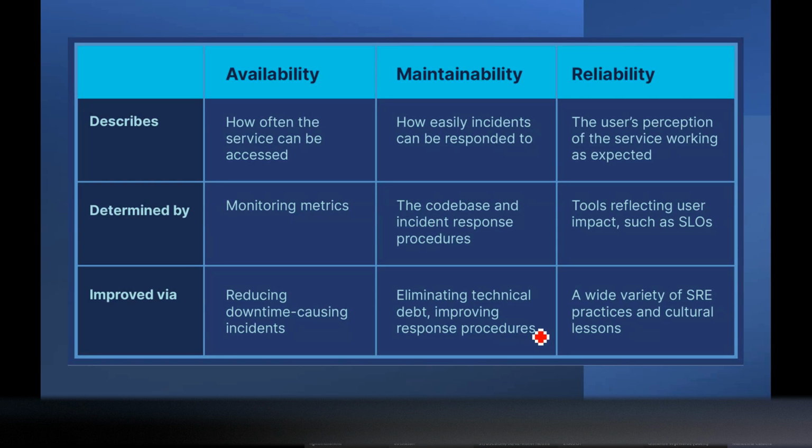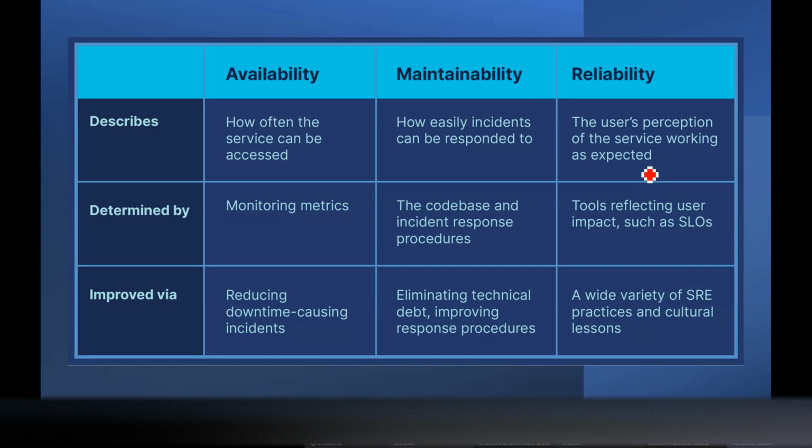This is a small comparison. And reliability, I haven't spoken about reliability yet. What is reliability? It is the user's perception of the service working as expected. Your system is working as expected. Now this is not availability. Availability means your system is available.